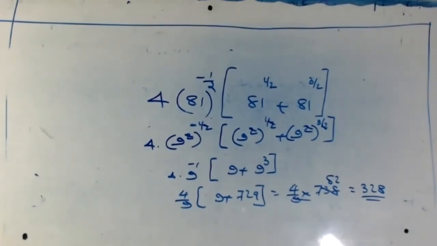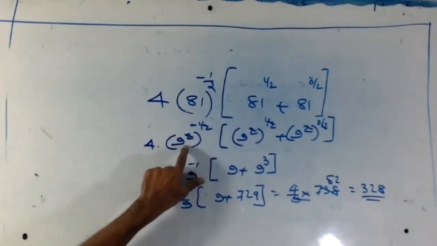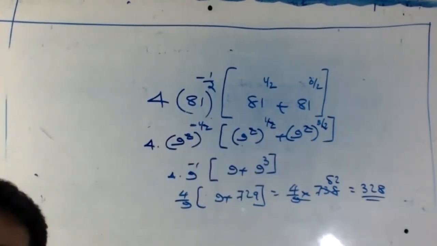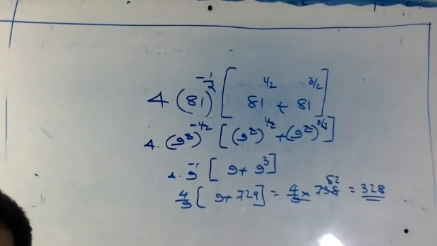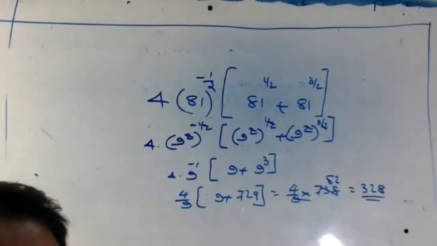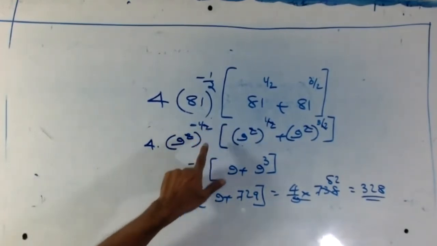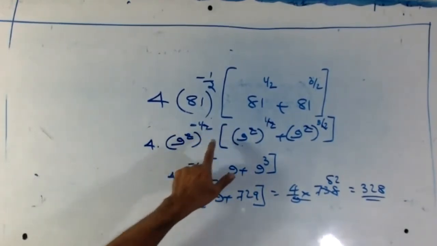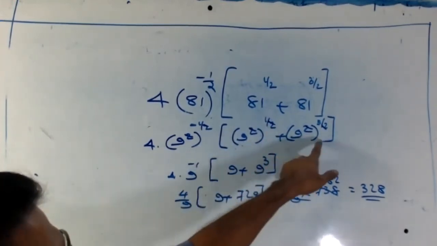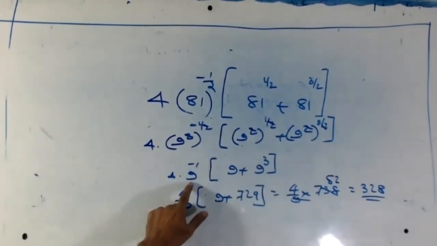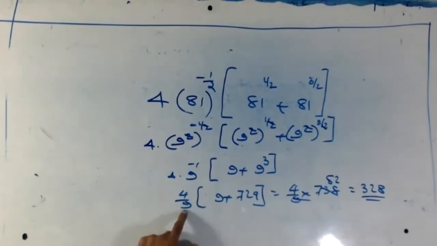All 81 we change to 9 square. That's one. Then the 2s cancel. 9 raised to minus 1, these 2 cancel 9, these 2 cancel 9 cube. 4 into 9 raised to minus 1 is 4 by 9, 9 cube is 729. 4 by 9 into 738. Then cancel 82. 82 into 4 is 328.